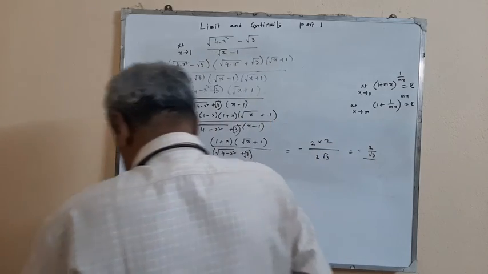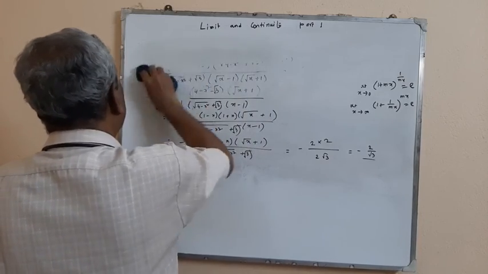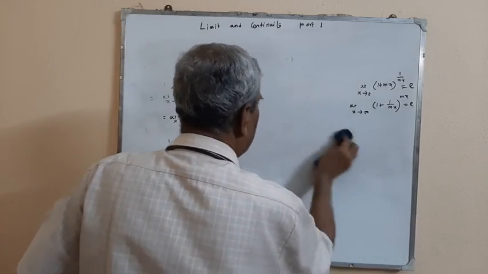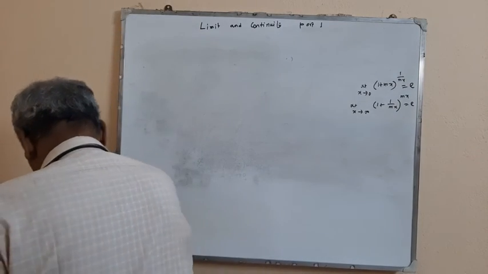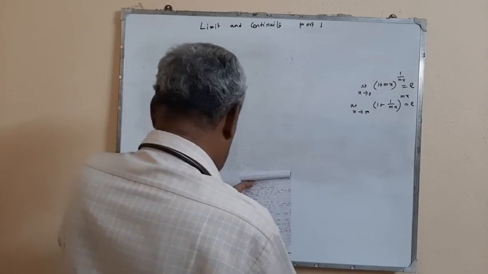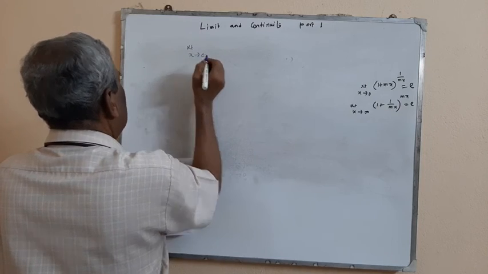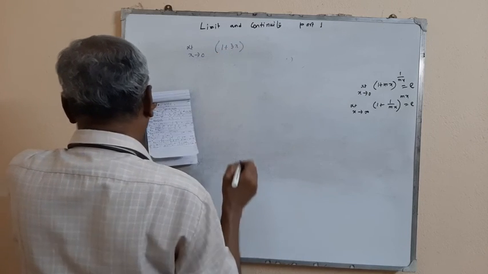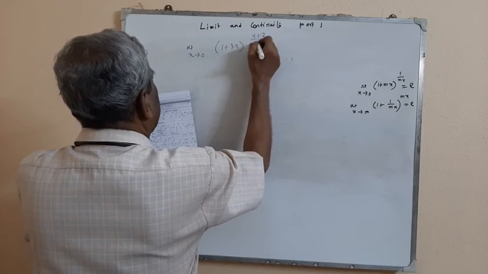Next. Limit x tends to 0, 1 plus 3x whole to the power x plus 2 by x.